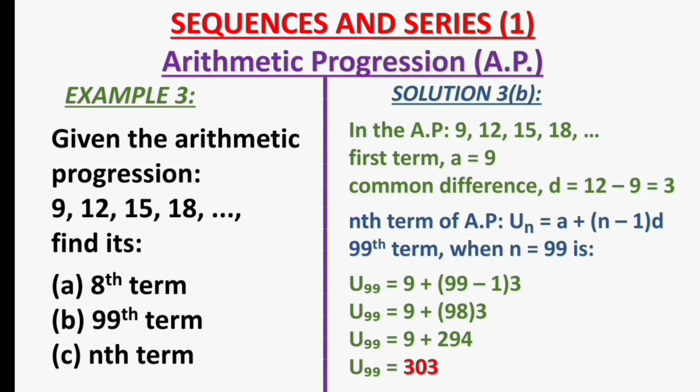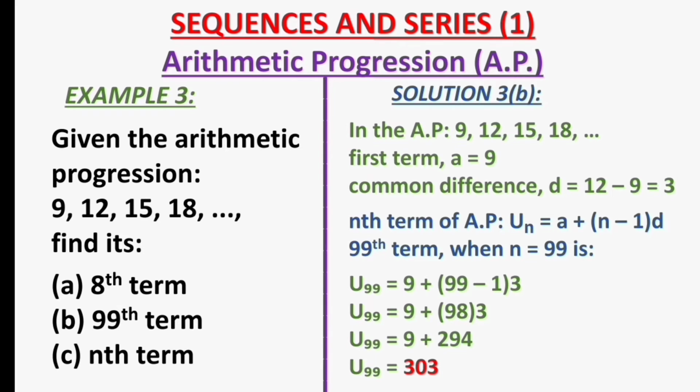For the solution to example 3B, the arithmetic progression is 9, 12, 15, 18, and so on. The first term A is 9. The common difference D is 3. The formula for the nth term of an arithmetic progression is U subscript n is equal to A plus n minus 1 in bracket times D. To obtain the 99th term, n is equal to 99.